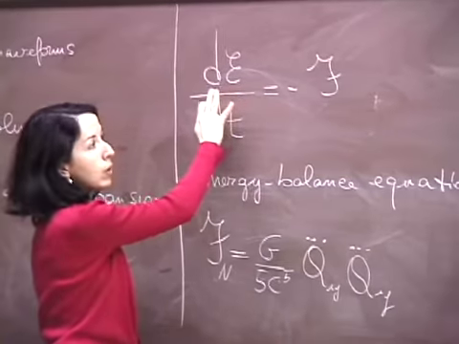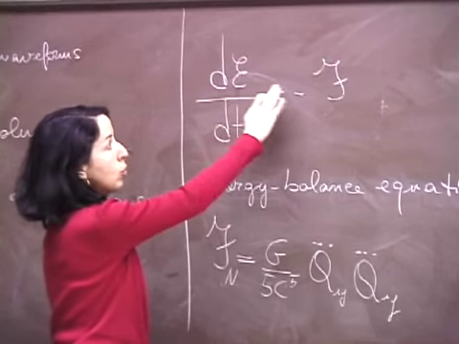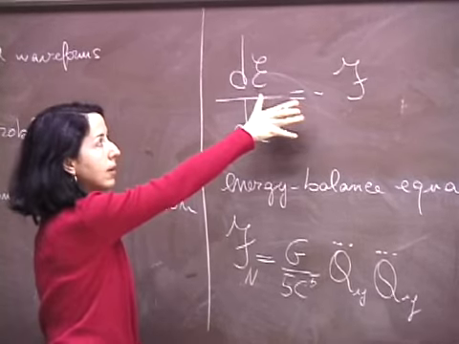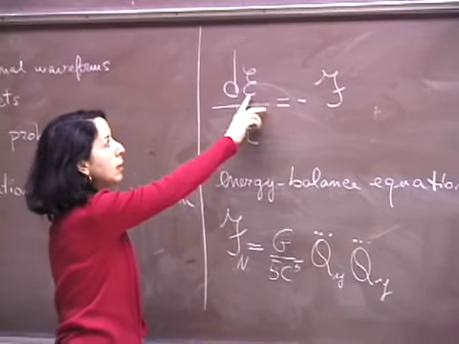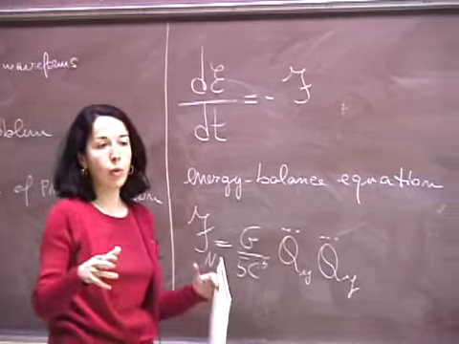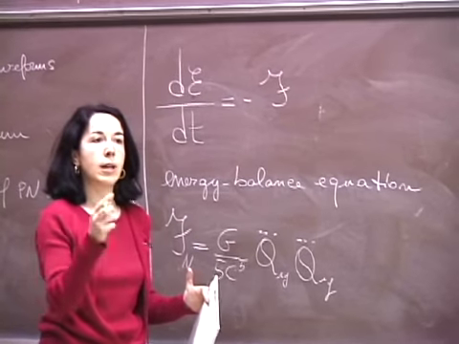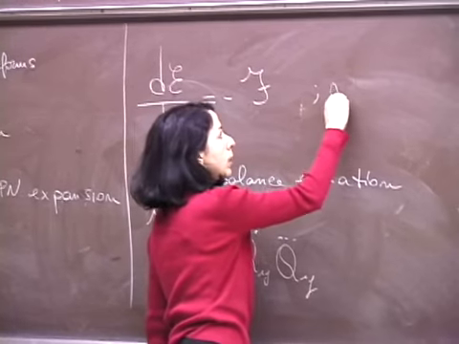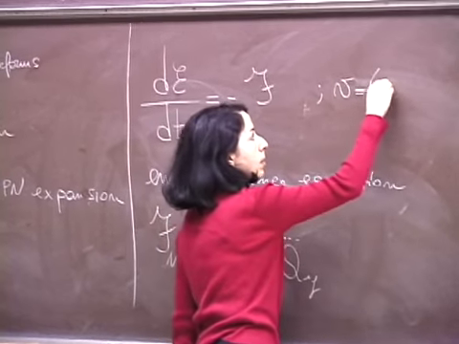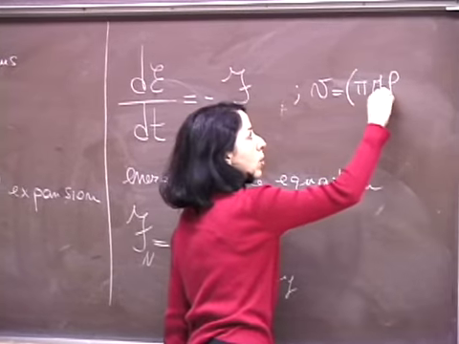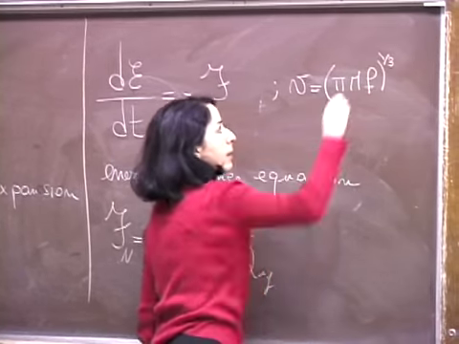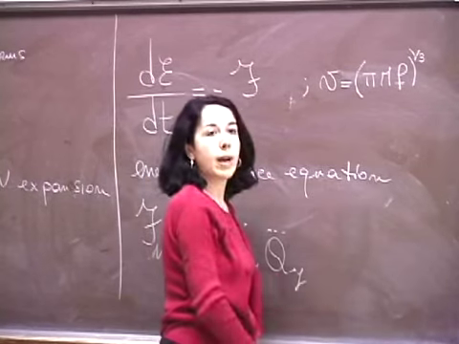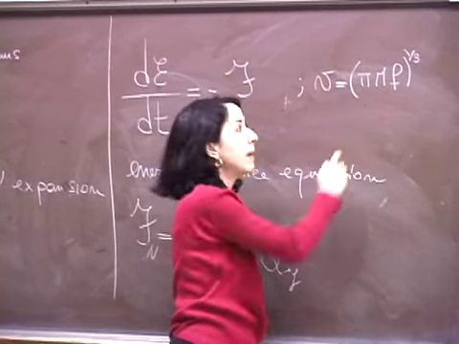If you restrict to circular orbits, these two functions, which are the crucial ingredients to build the waveforms, depend only on the orbital frequency, or better, on the quantity v that Kip introduced just a few minutes ago, that is the Newtonian velocity, v = (pi M f)^(1/3), where f is the gravitational wave frequency.